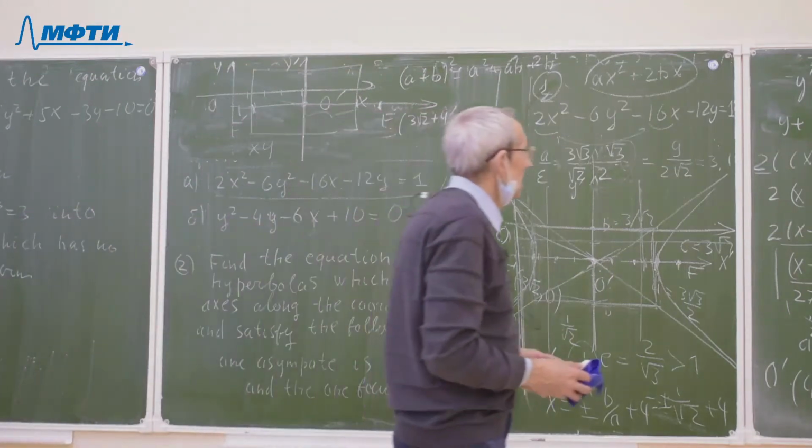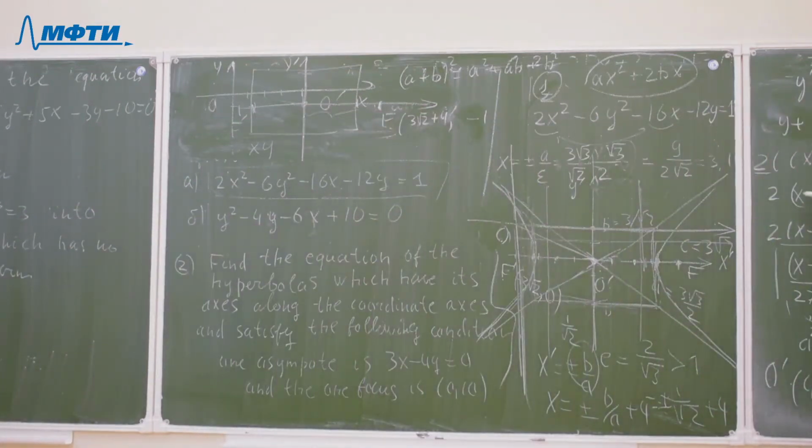And in our example, we obtain this equation, and after some simplification, we obtain the equation in a form such as a sum or difference of squares of the linear terms. The last step in this transformation, we rewrite this equation in canonical form, in such form that on the right hand side we have a constant term equal to one.